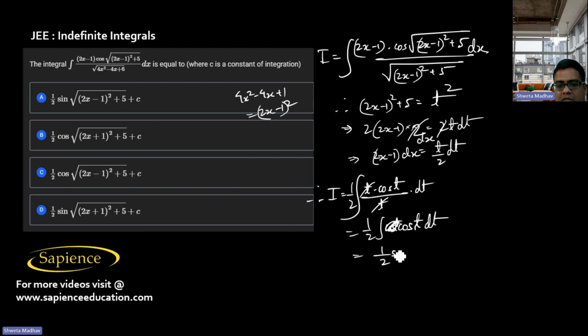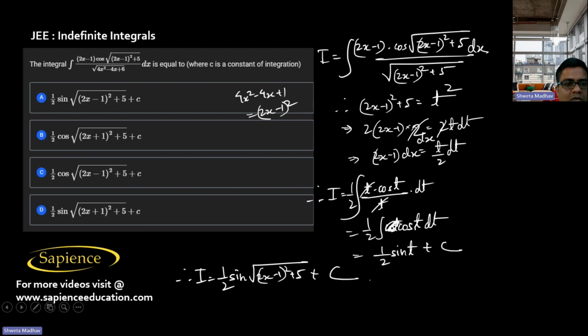So the integral will be half of sine of root over (2x minus 1) whole square plus 5, plus c. So obviously option A is the correct answer.